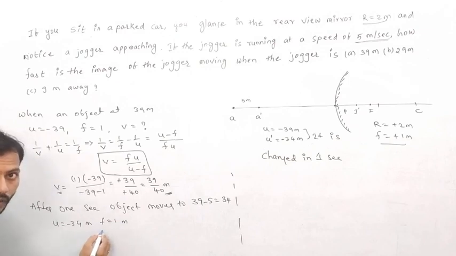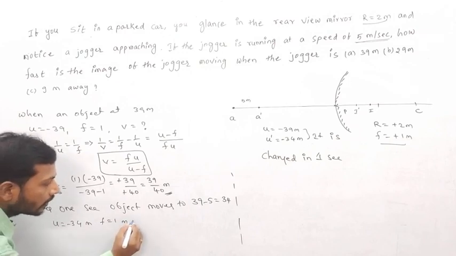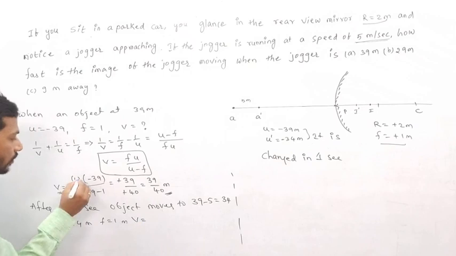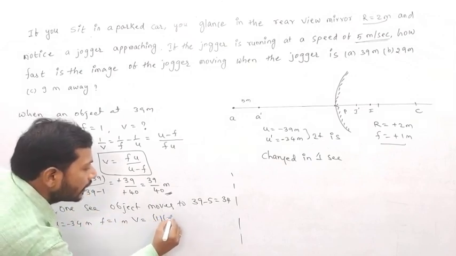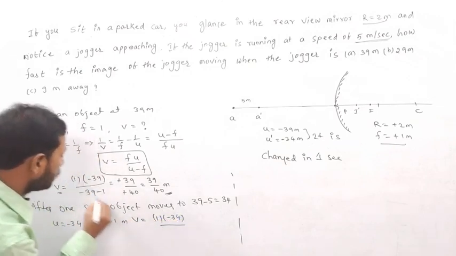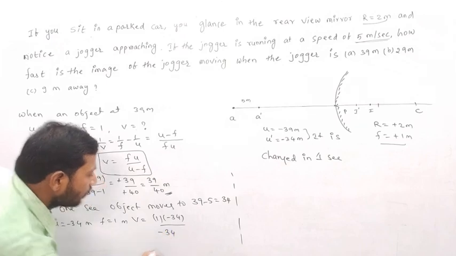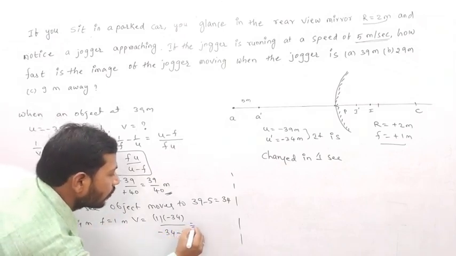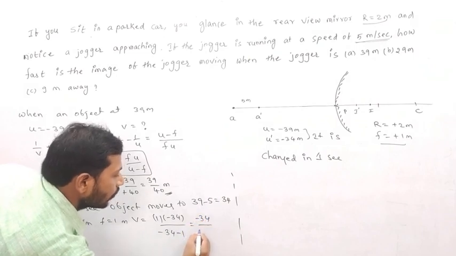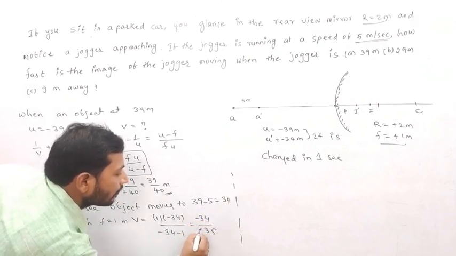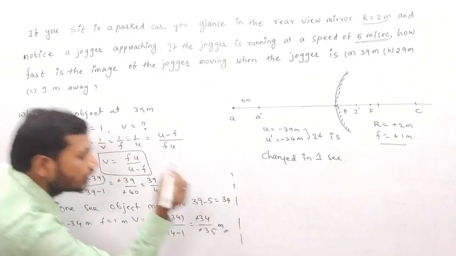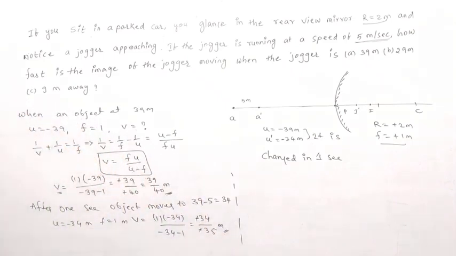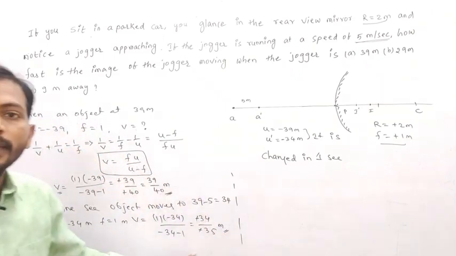Directly you get v equals 1 into minus 34 divided by minus 34 minus 1, which equals minus 34 by minus 35. The minus signs cancel. This is 34 by 35, the distance of the image.